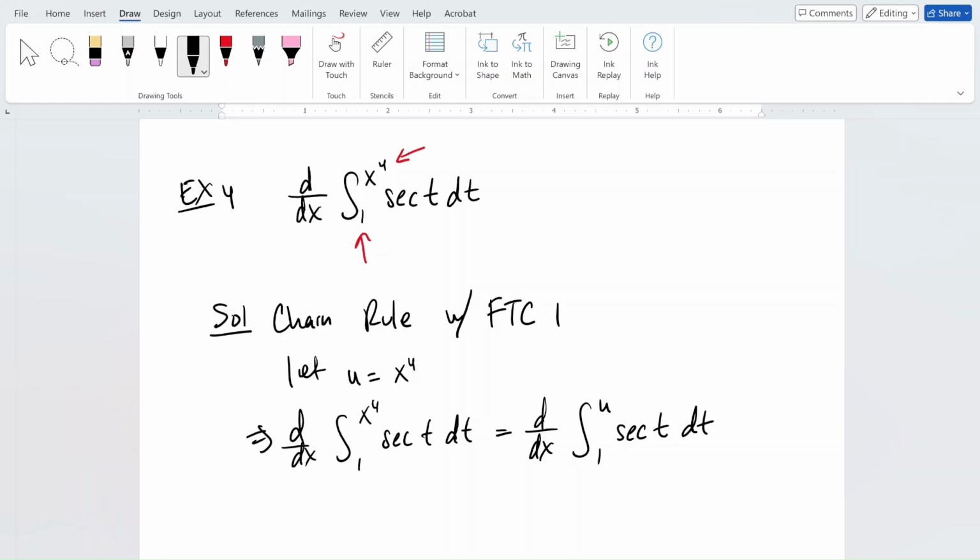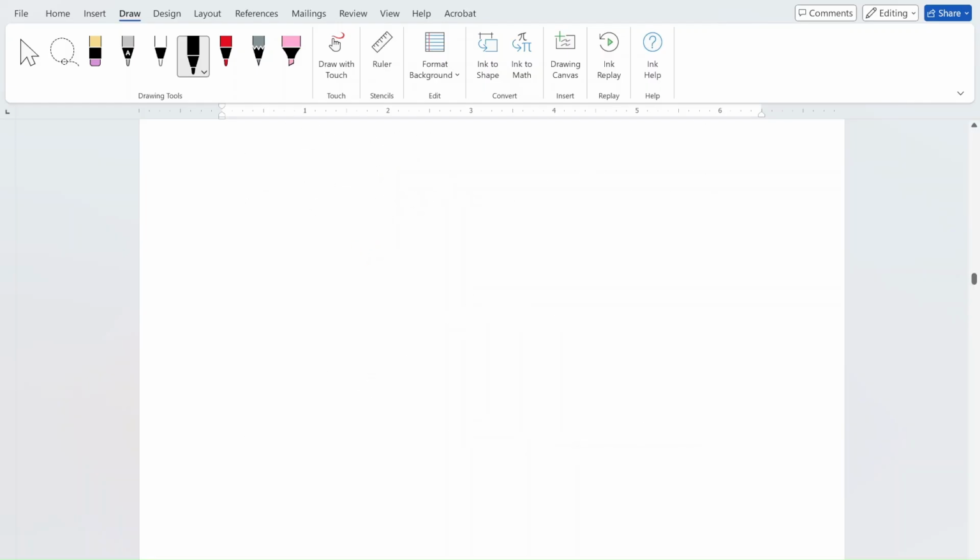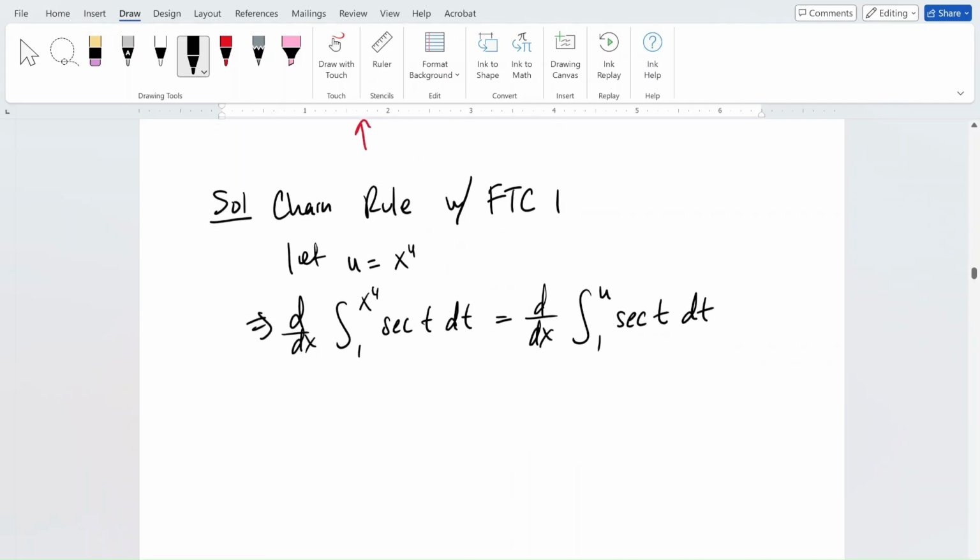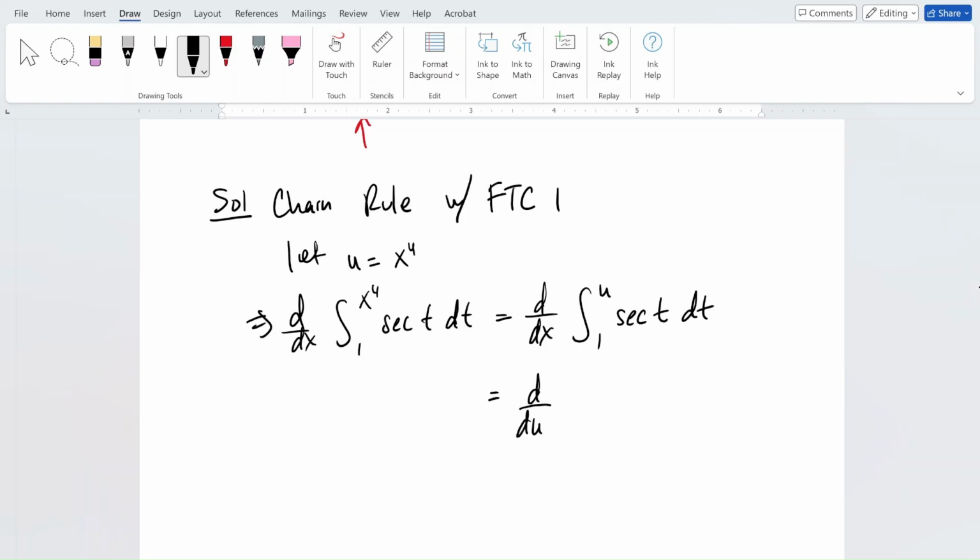But because we have to think of this like the chain rule, I'm going to take the derivative with respect to u of the integral from 1 to u of secant of t dt, times the derivative of that upper limit, du dx.